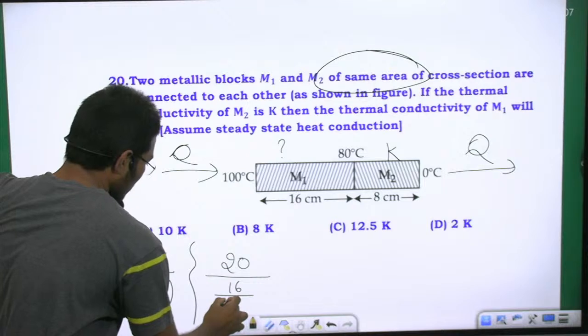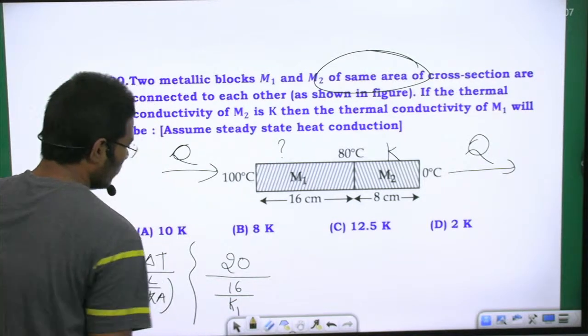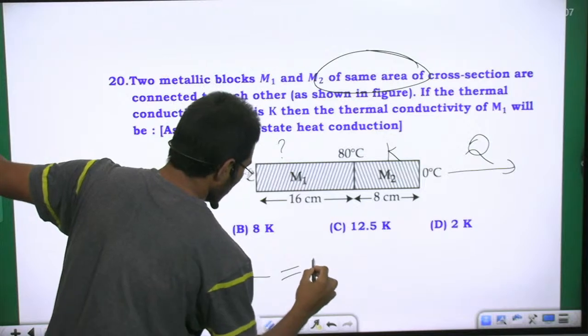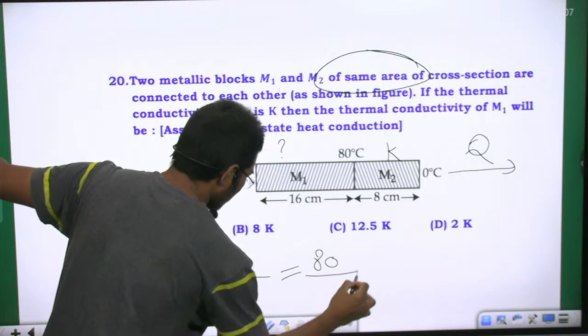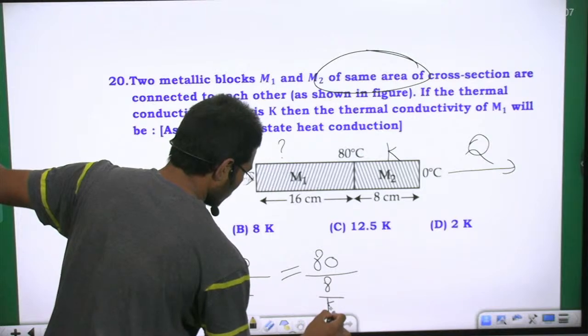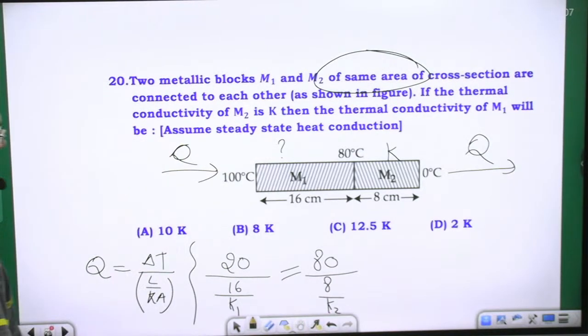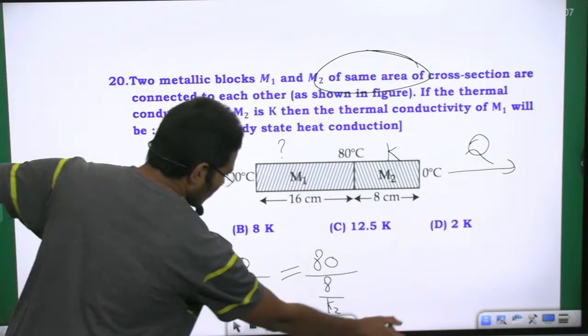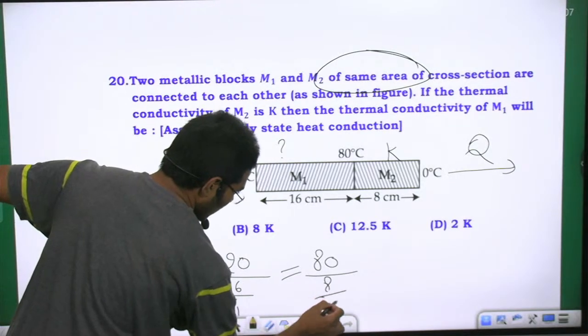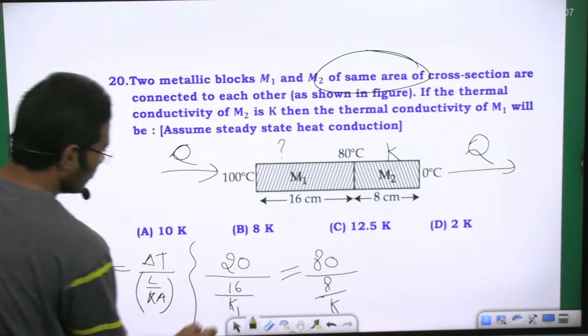This is K1. We need to find K1 is equal to 80 difference by 8 by K2. Sorry, this is K. 8 by K. So we need to find K1.